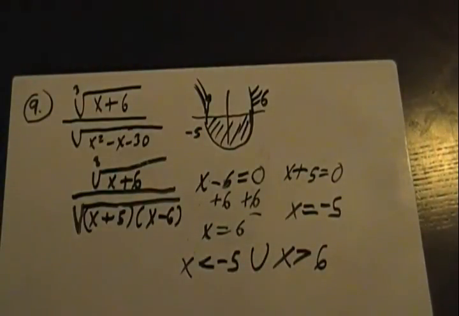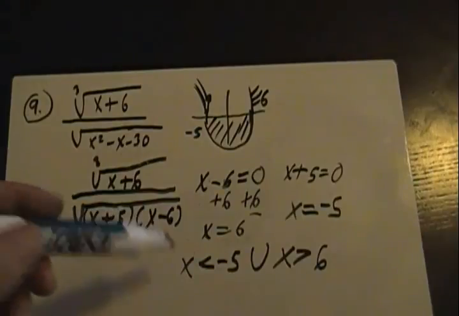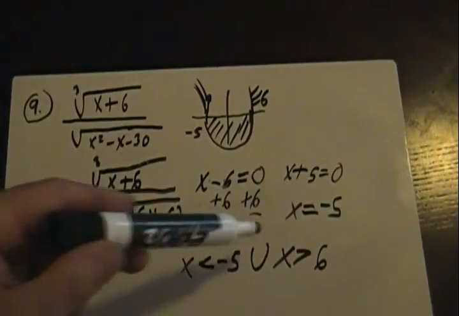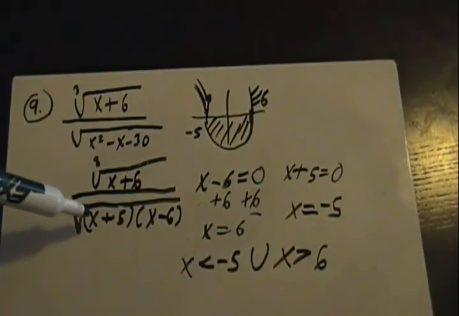So this satisfies the situation. Notice that we didn't include negative 5 or 6, because those in fact would make this denominator equal 0.